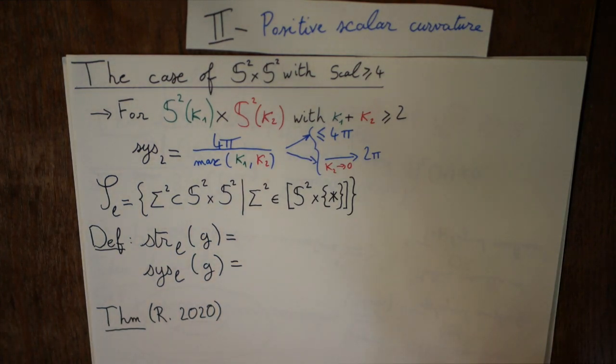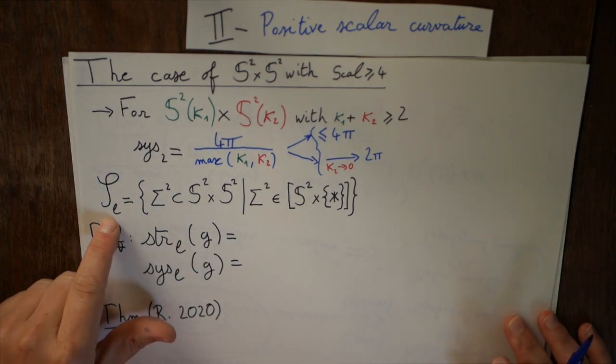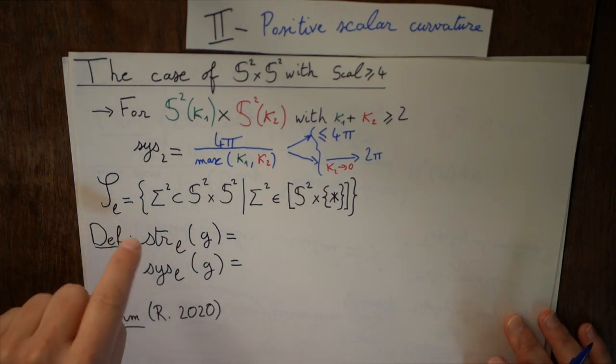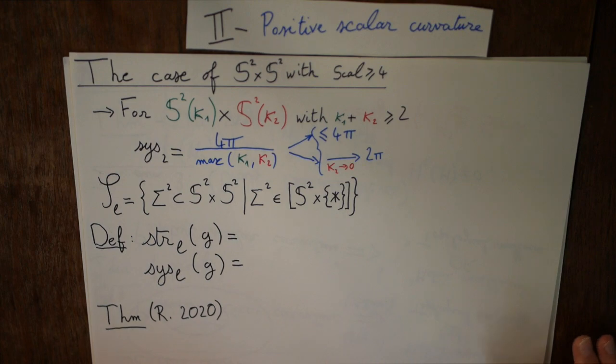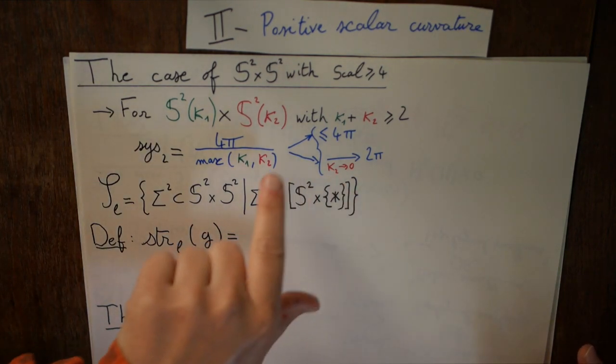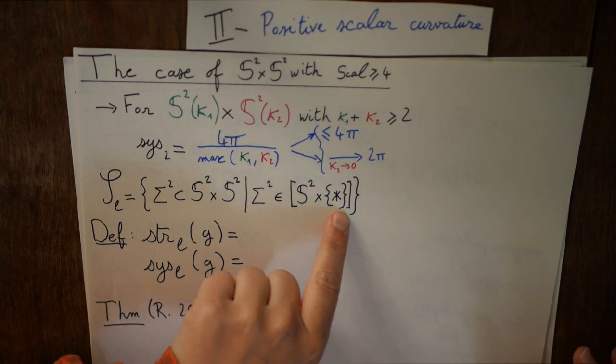So for this, I will need to define some metric invariants that will quantify that thing, and I will phrase them in terms of this SL. It's just the set of smooth surfaces inside the homology class of the first factor.